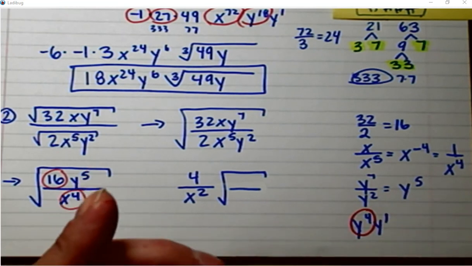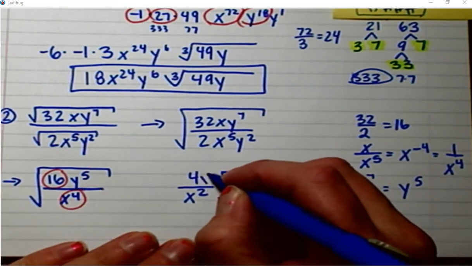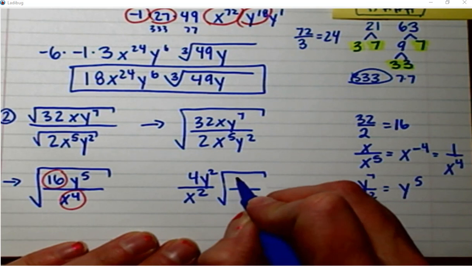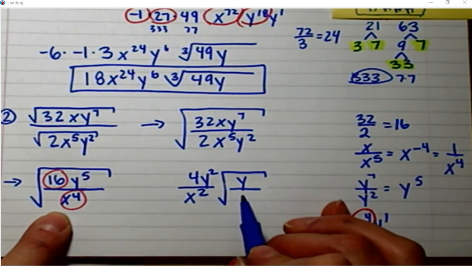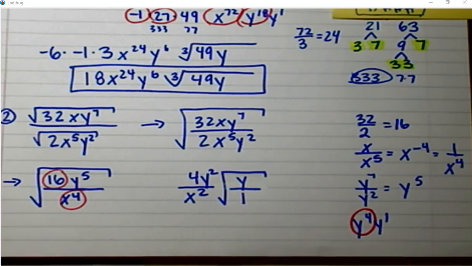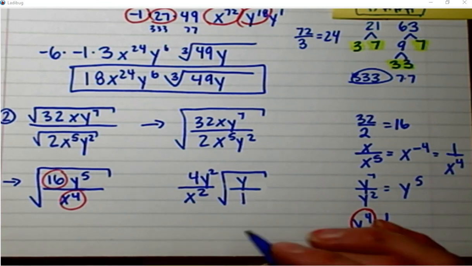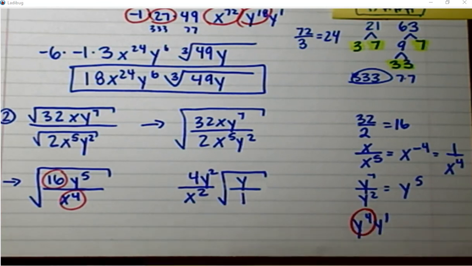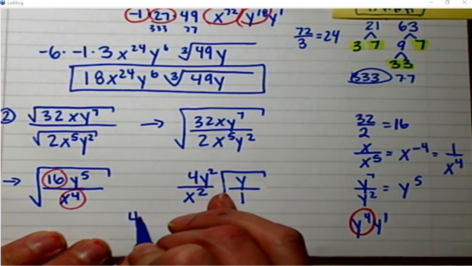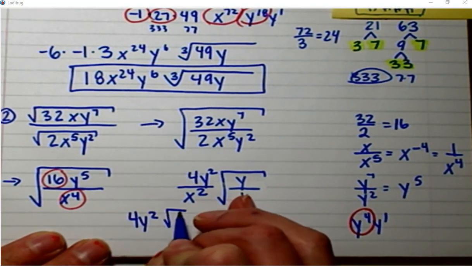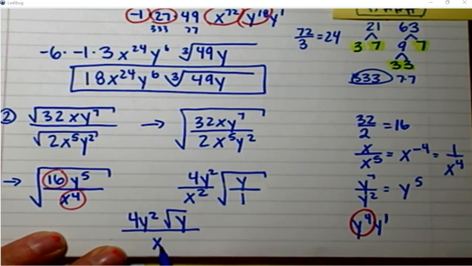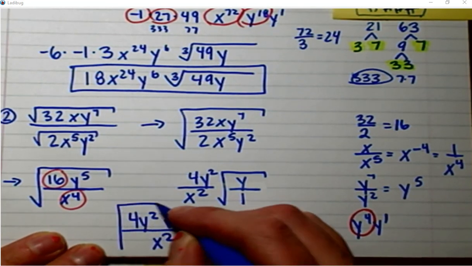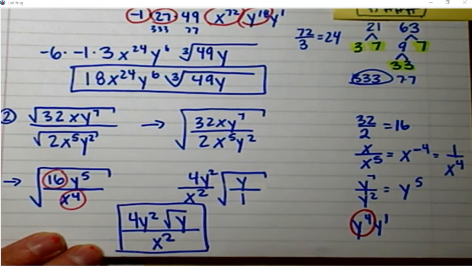So that's the perfect square. So y squared comes out, and y to the 1st is left. Notice that everything came out of the bottom radical, so it's actually a 1 that's left. Now the square root of 1 is 1. So our final answer, right, so there's my numerator, there's my denominator, and this is how I'll write the final result.